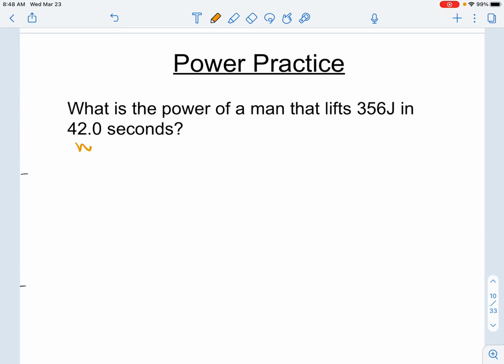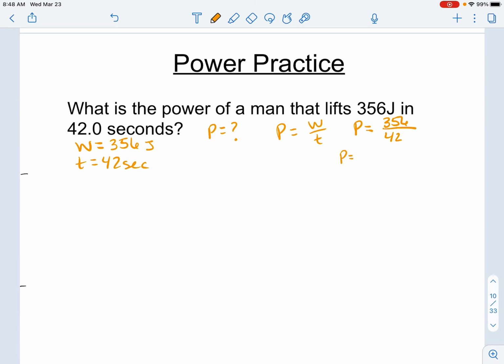We have joules, which is going to represent how much work was performed when this person lifted the object. And we have a time of 42 seconds. So here they're asking us how much power. So remember, our equation is power is work divided by time. So we're going to say power is 356 divided by 42.